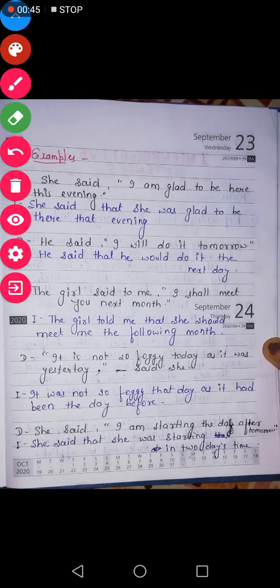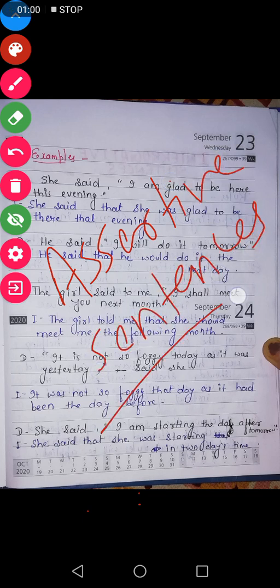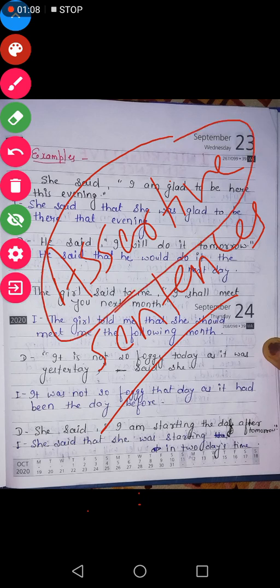Till now, whatever sentences we were changing into indirect speech are called assertive sentences. We have done a lot of examples, and all those sentences were assertive sentences.